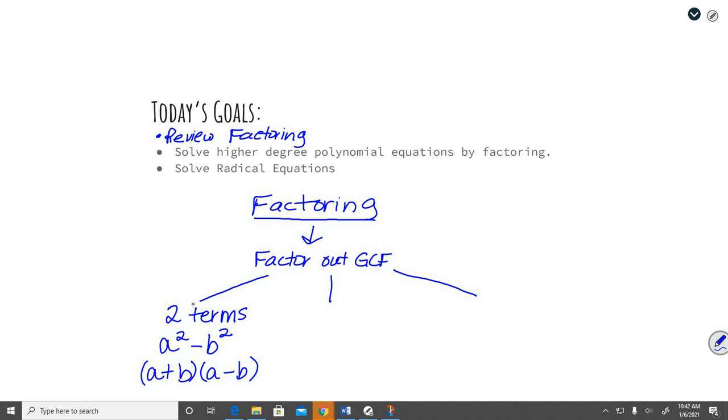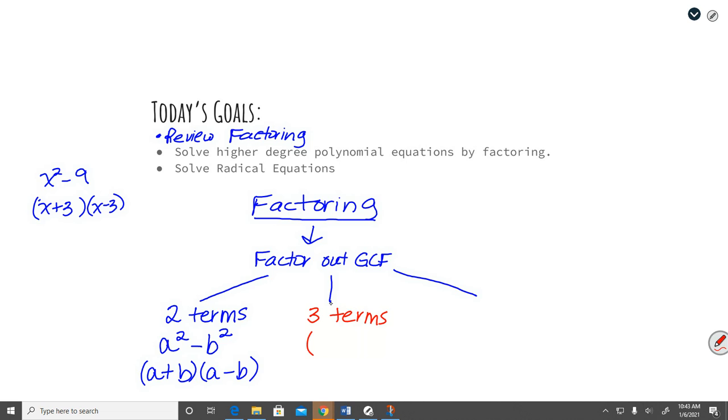So just a reminder, if I have something like x squared minus 9, x squared is a perfect square, 9 is a perfect square, that would factor into x plus 3 times x minus 3. Difference of squares.